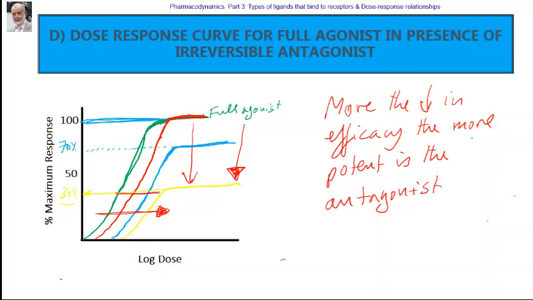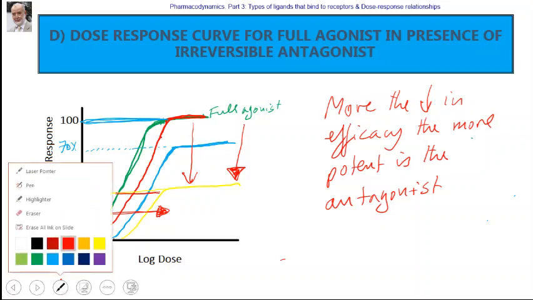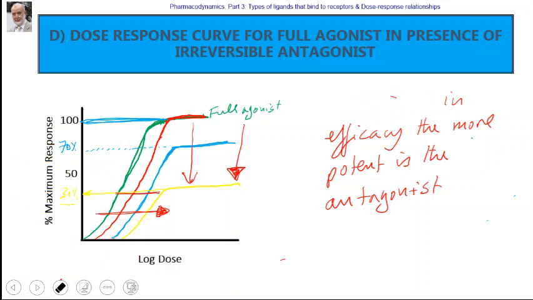Okay? Now, if I am given the choice of selecting an antagonist, which one do you think is preferred clinically? Competitive antagonism or irreversible antagonism? Which is more preferred clinically? Which one should I choose when given the choice of two drugs?